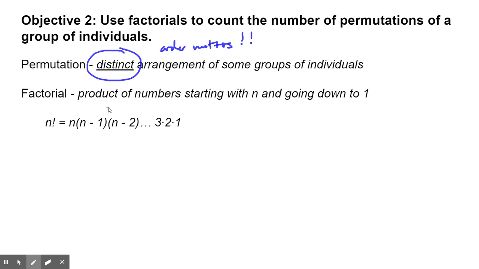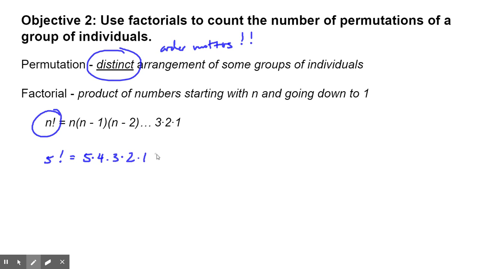A factorial is the product of numbers, starting with that number n and going all the way down to 1. So if I want to do n factorial, the symbol for a factorial is an exclamation point. You start with n, and then you subtract 1, and subtract another 1, all the way down to 1. So for instance, if I wanted 5 factorial, I would do 5 times 4 times 3 times 2 times 1.